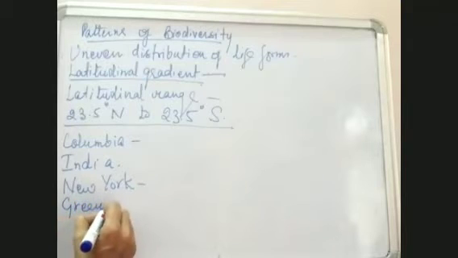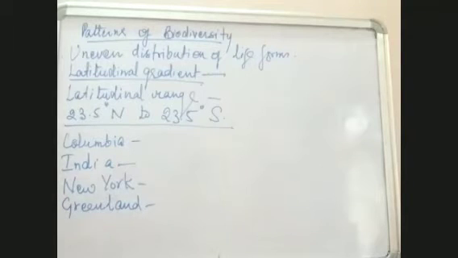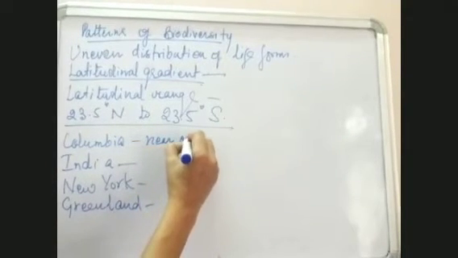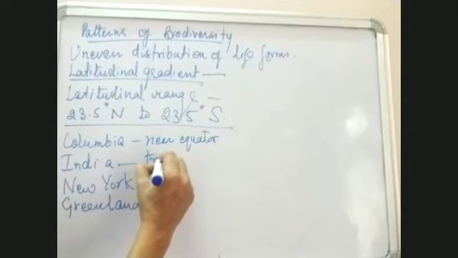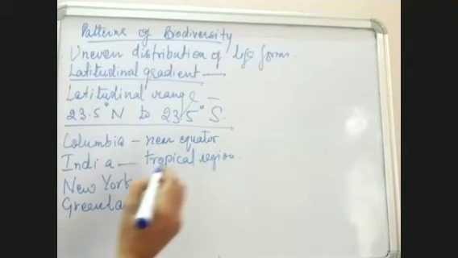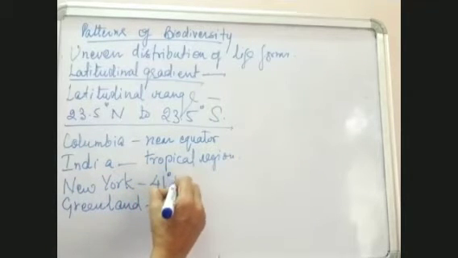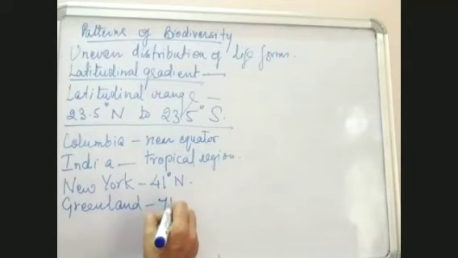They have considered these four. Colombia is located near the equator, that is, it is in the tropical region. India is also a tropical region. New York is about 41 degrees north, and Greenland is about 71 degrees north. So this is the location of all these countries.